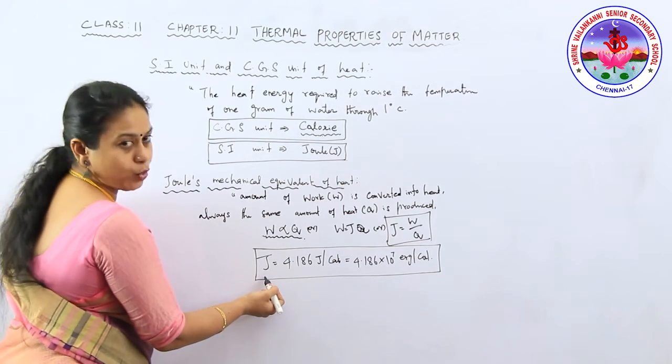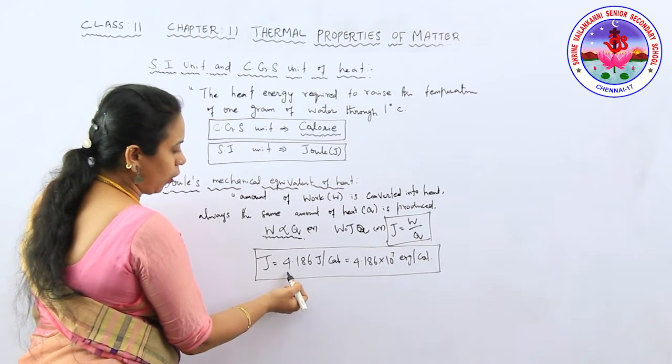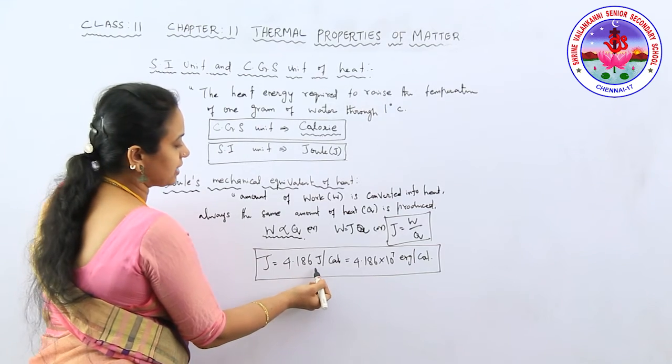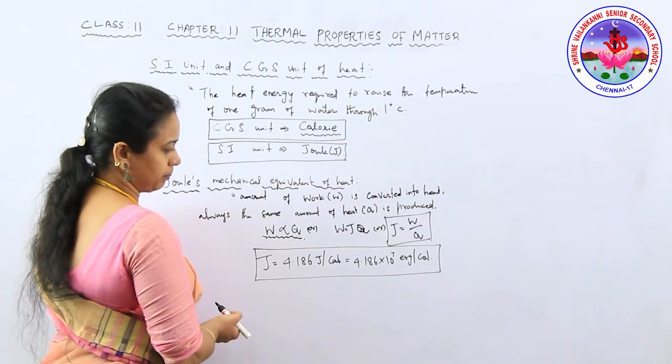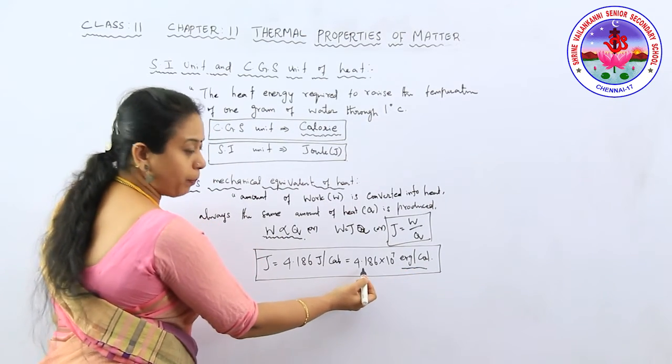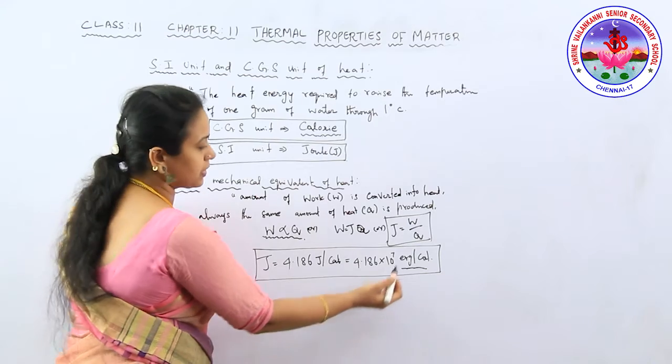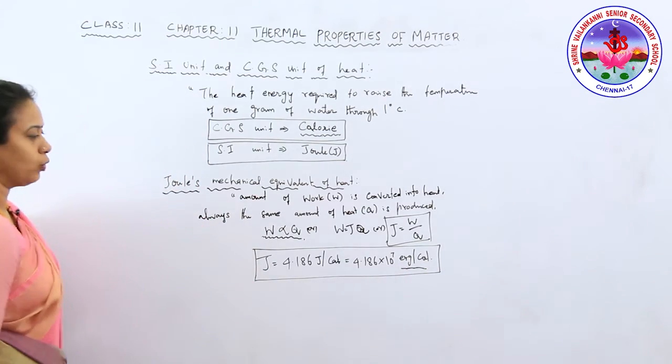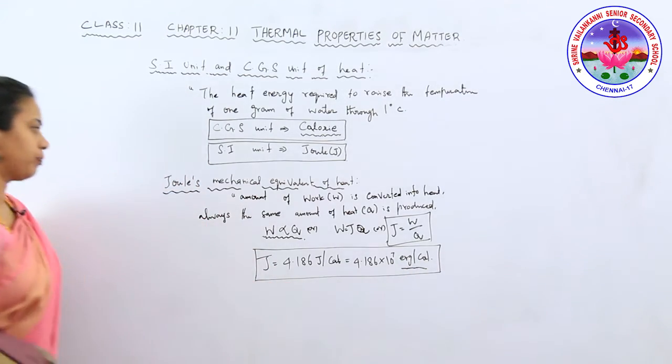And J is equal to 4.186 joule per calorie, or in the CGS unit, 4.186 into 10 to the power of 7 erg per calorie.